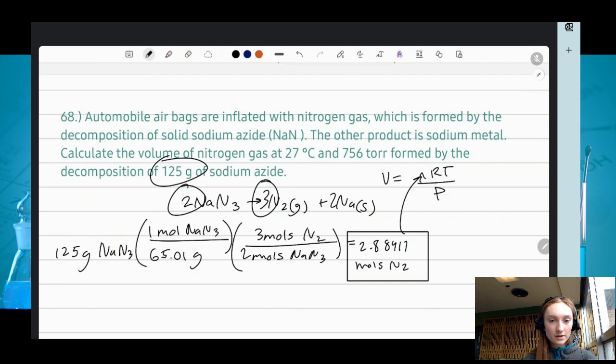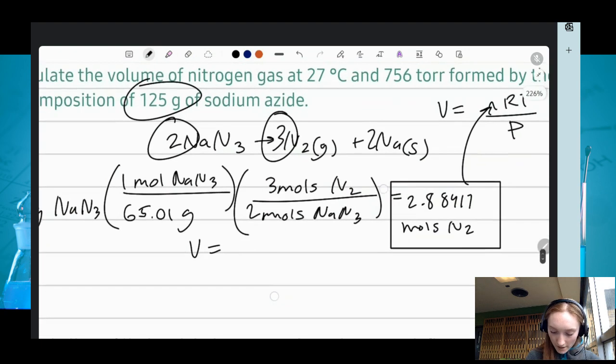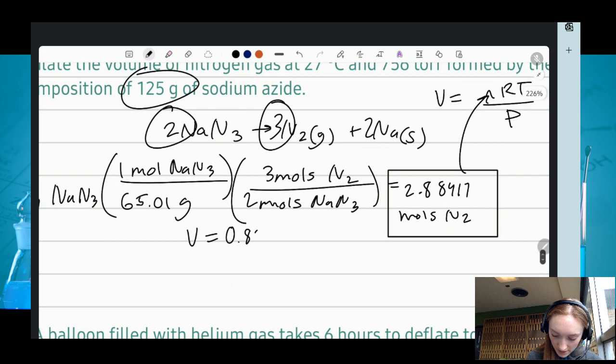So now that we have the number of moles of N2, we can plug it into our equation here, as well as the temperature, the R, and the P values. So let's do that. So V equals the 0.8206, the R value. Sorry, I just wrote down the R value actually. So the R value is out of the way. The n value is 2.88417.